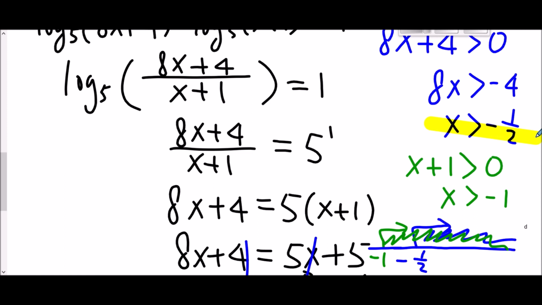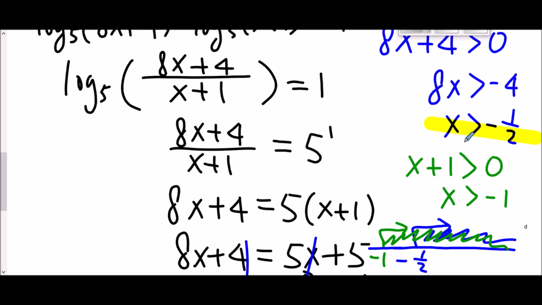Okay, just like what we did before, if it doesn't make sense, pick some numbers and plug that in. So this one says x has to be greater than negative 1. So let's pick x to be negative 0.75.